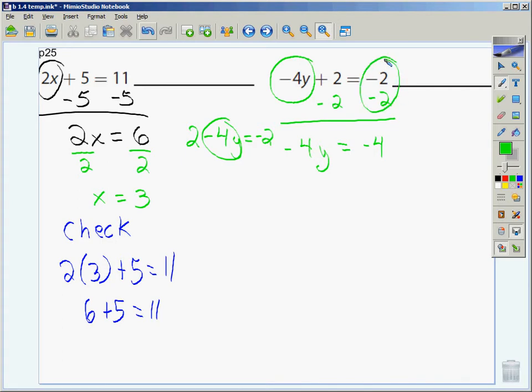So I add them together and I keep their sign. Y is being multiplied by a negative 4. What do I have to do? I've got to divide by a negative 4. Negative divided by negatives make positives. 4 divided by 4 is 1.